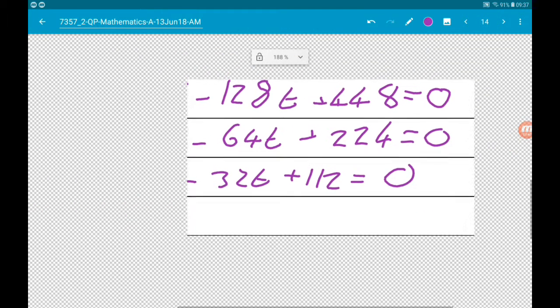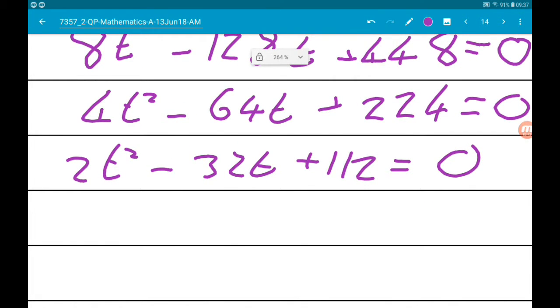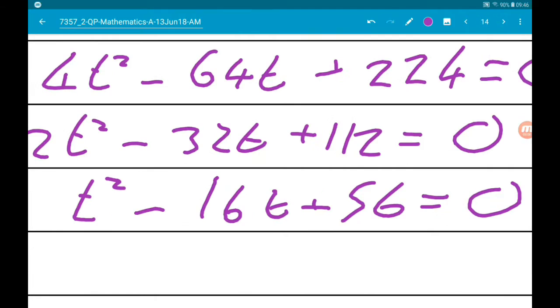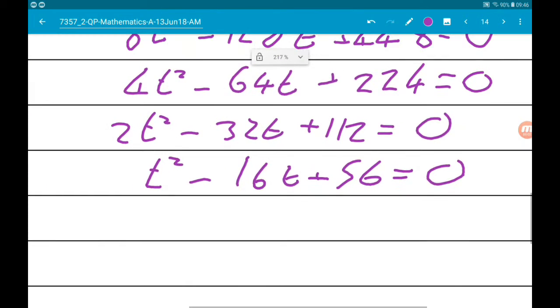There's one more factor of 2, so finally we get t squared minus 16t, add 56 is equal to 0. Okay, so now we just need to solve this bad boy.